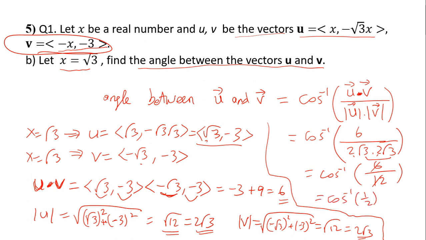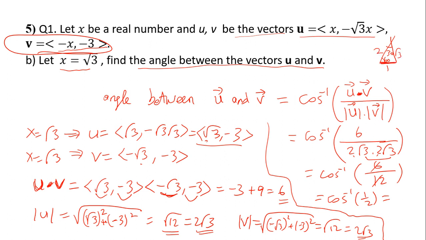Now the question is, which angle makes cosine equal to 1 over 2? Cosine of which angle is 1 over 2? It has to be something like 30 or 60 degrees. And we know the 30-60 triangle. This is 60, this is 30, this is 1, this is square root 3, and this is 2.